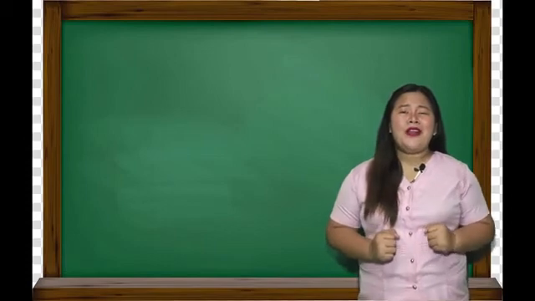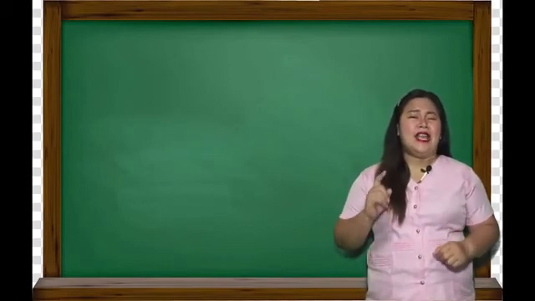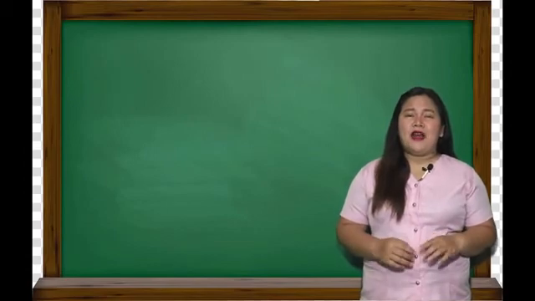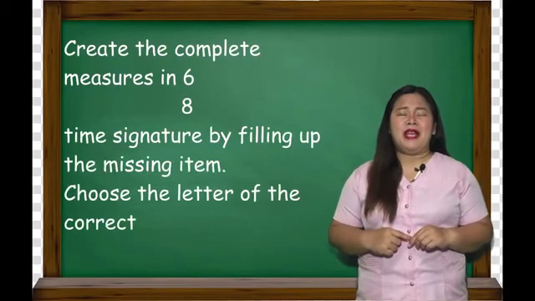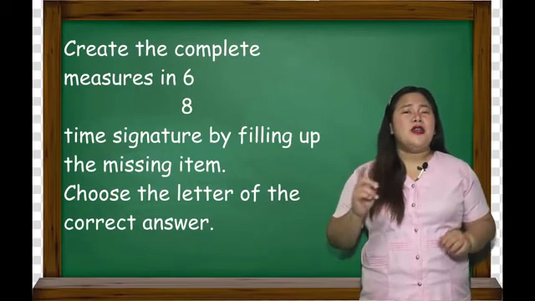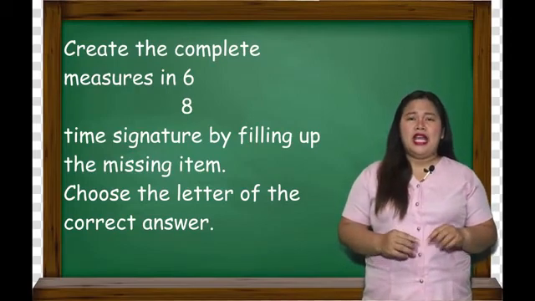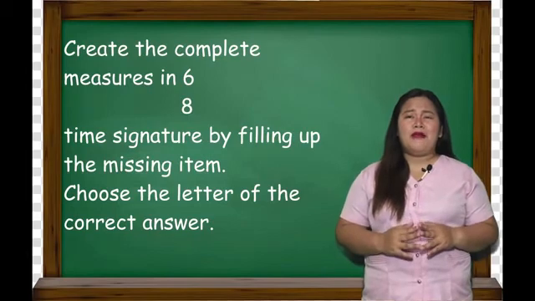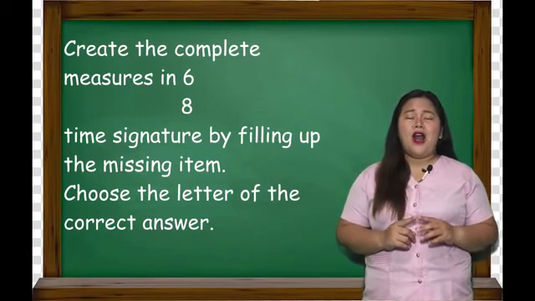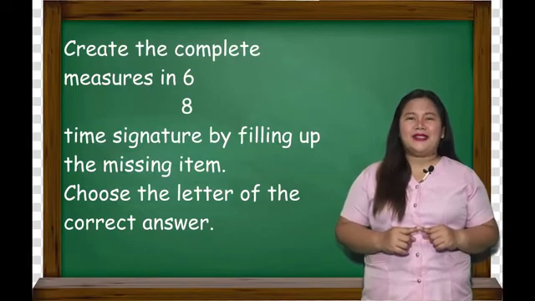Finally, we are going to test and assess if you learned something on today's lesson. Now I want you to go to assessment and answer the following. Direction. Create a complete measure in 6/8 time signature by filling up the missing item. Choose the letter of the correct answer.